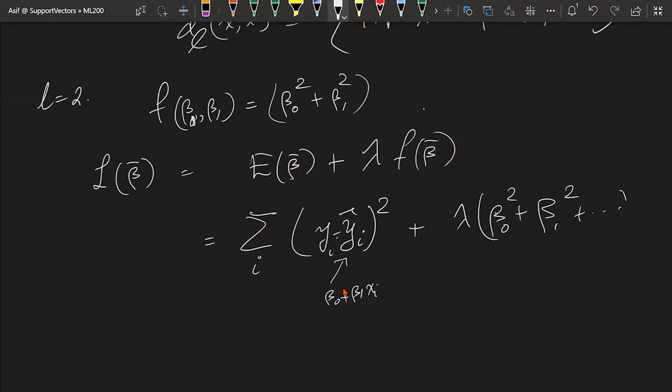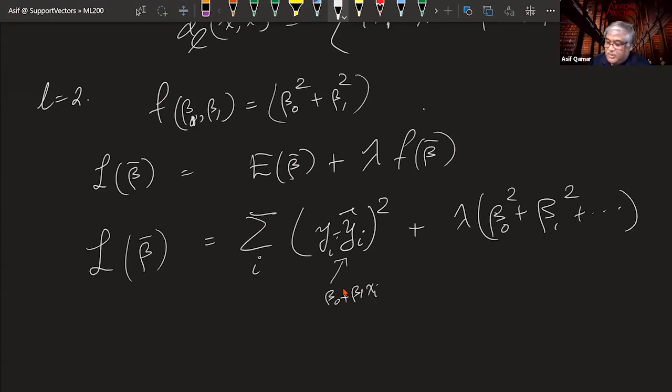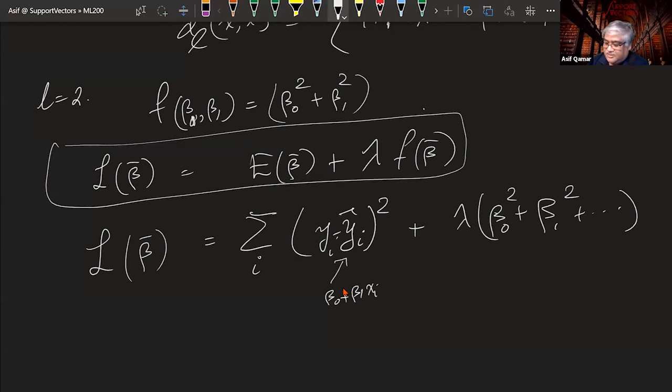And wow, this is the equation that people write in books. Though I would highly recommend that you think in terms of the way I taught you, as a constrained surface between an error that you want to minimize given a certain constraint. This is the constraint. And now your book essentially writes this equation, and there is a pictorial explanation for it. So this is what they're trying to say.